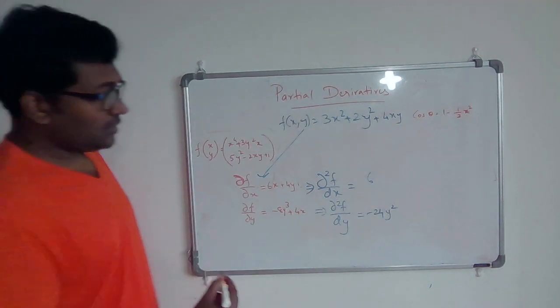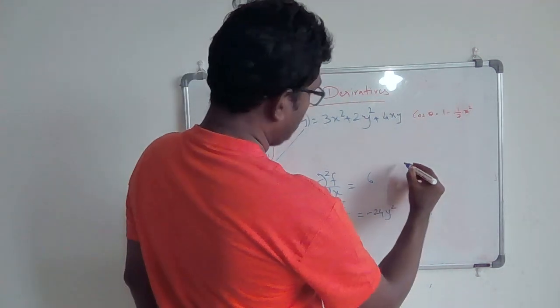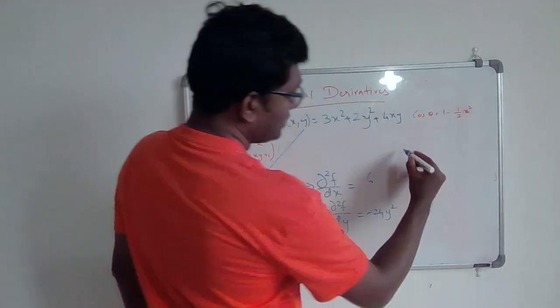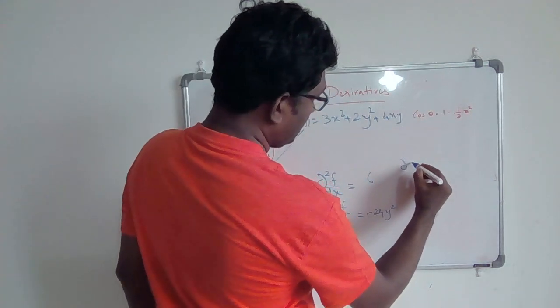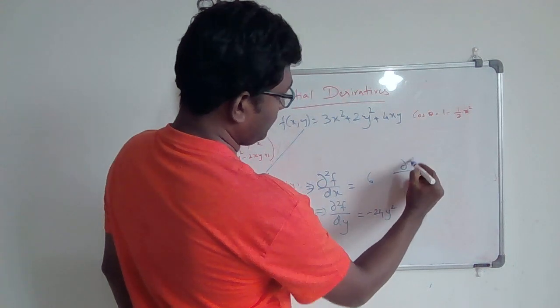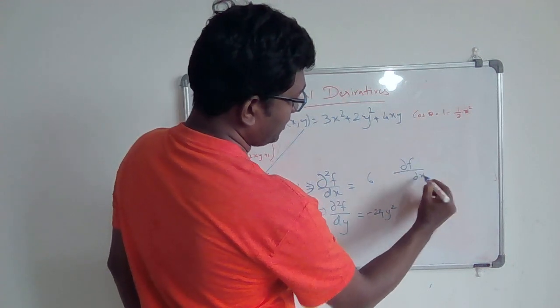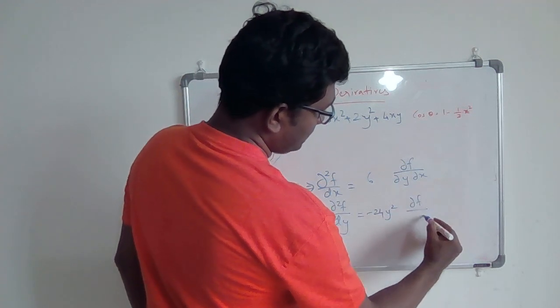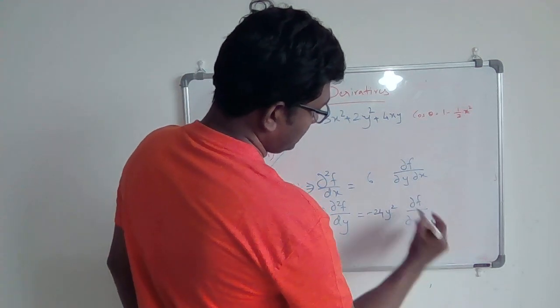Now there is one more derivative when we talk about the second derivative, that is treating the derivative of the function first with respect to x, then with respect to y, and the derivative of the function first with respect to y and then with respect to x.